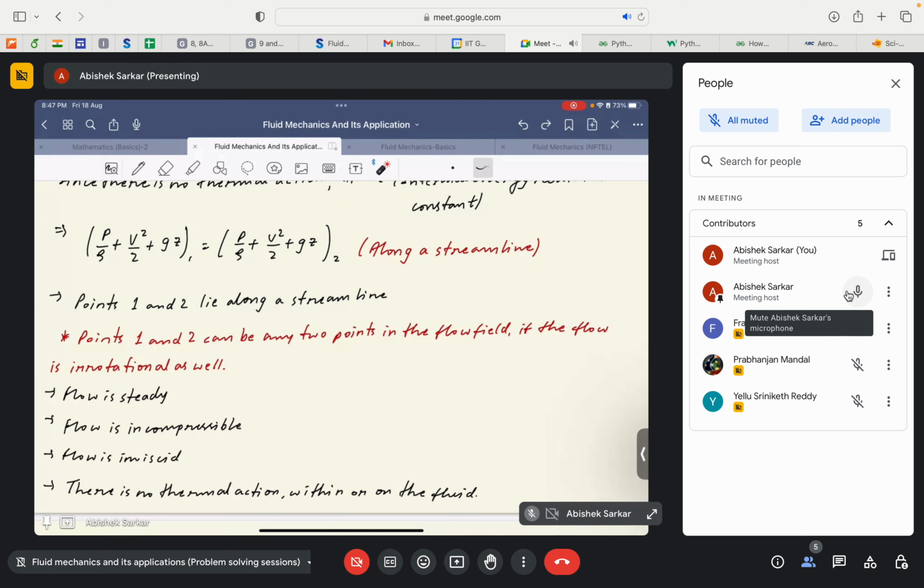But now I am saying that if the flow is irrotational, that is, the curl of the velocity field is 0, then points 1 and 2 can lie at any 2 points in the flow domain. Is this point clear? Please say yes or no, because this is a very important concept.